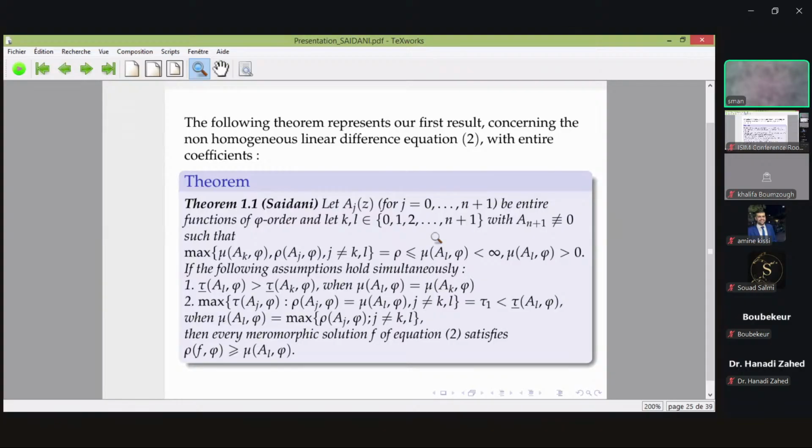And we suppose also that the phi tip of all coefficients AG is less than the lower phi tip of AL. In this case, we obtain that every meromorphic solution f of this equation has a phi order of growth greater than the lower phi order of the leading coefficient AL.